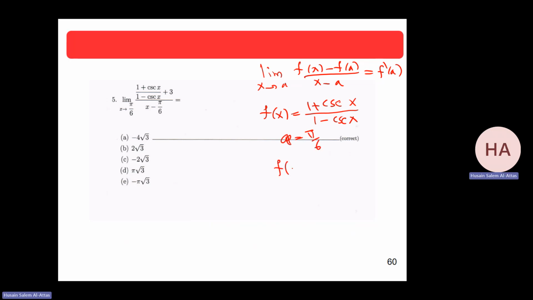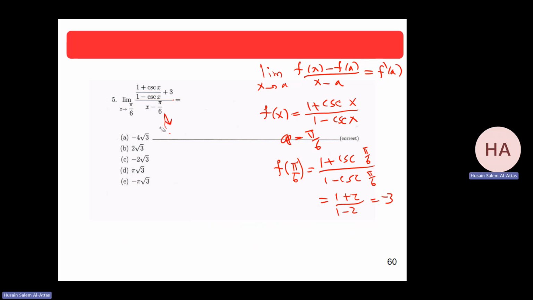If I do f of pi over 6, you get 1 plus cosecant pi over 6 over 1 minus cosecant pi over 6. Sine pi over 6 is a half, so cosecant is 2, giving 1 plus 2 over 1 minus 2, which is minus 3.